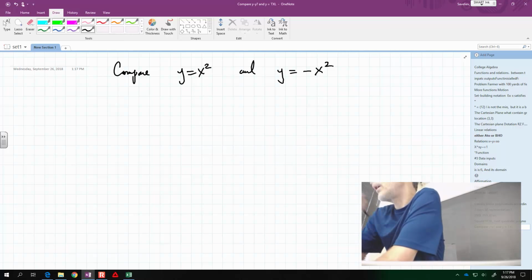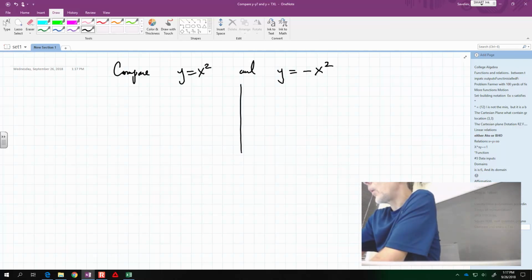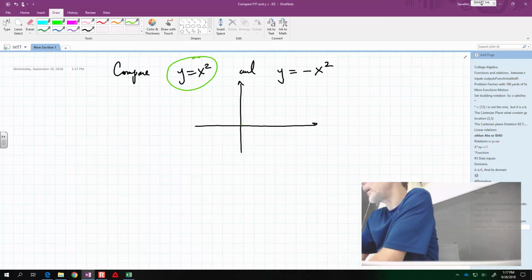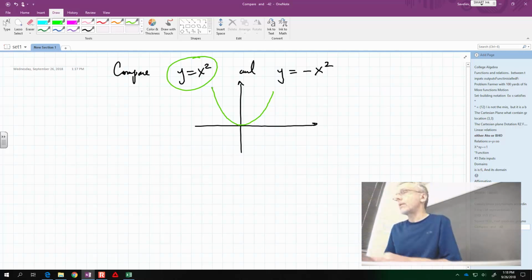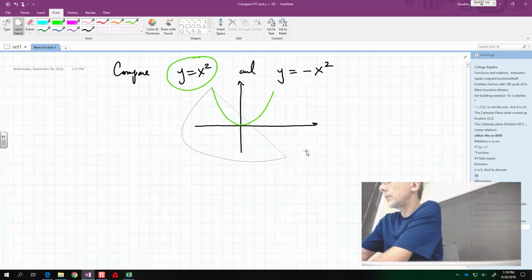Okay, you can see the symmetry. You can just plot them, and you can see how one appears above the other. So if I'm plotting y equals x squared, it looks like this, which we already have done. And where do the values come from? Let me maybe move this away for a moment.